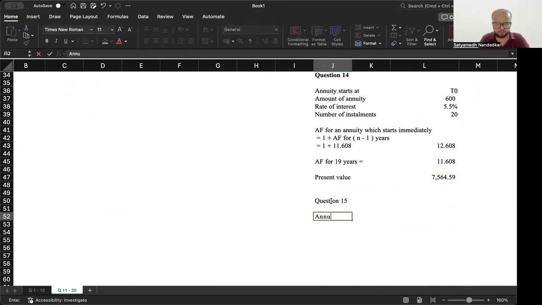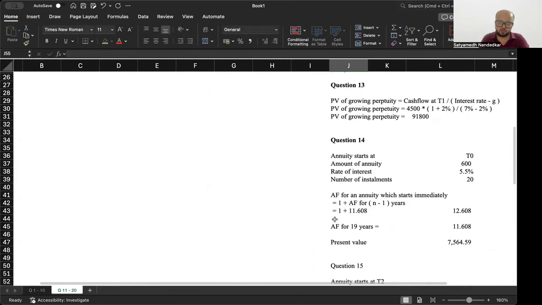Then a perpetuity or 10-year annuity of 850 starting at T2. So the annuity starts at T2. When I multiply the annuity with the annuity factor, we will get the value as on T1.